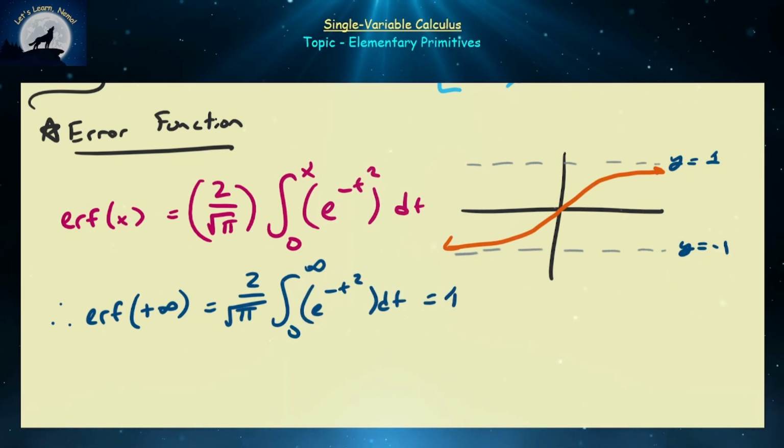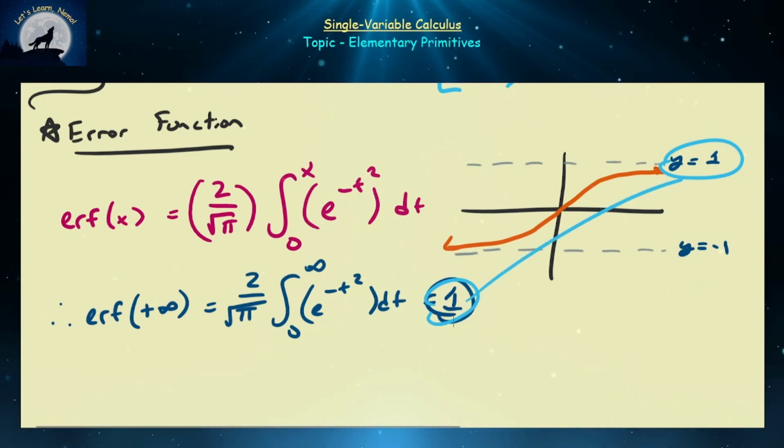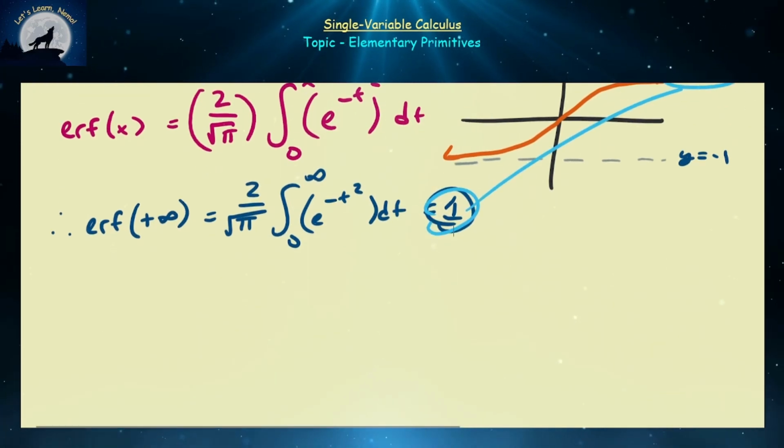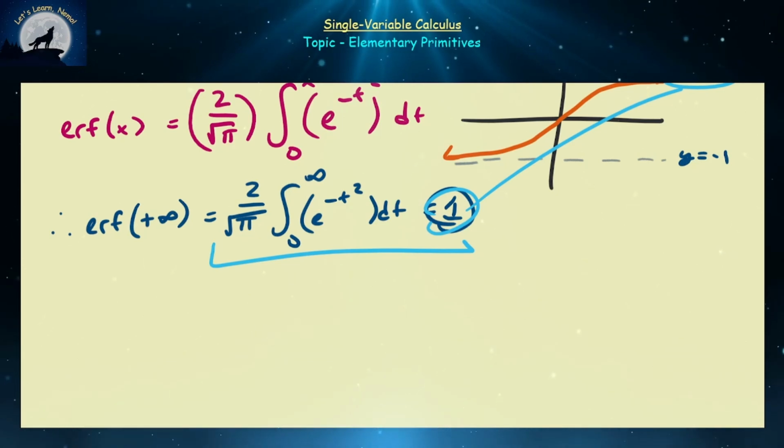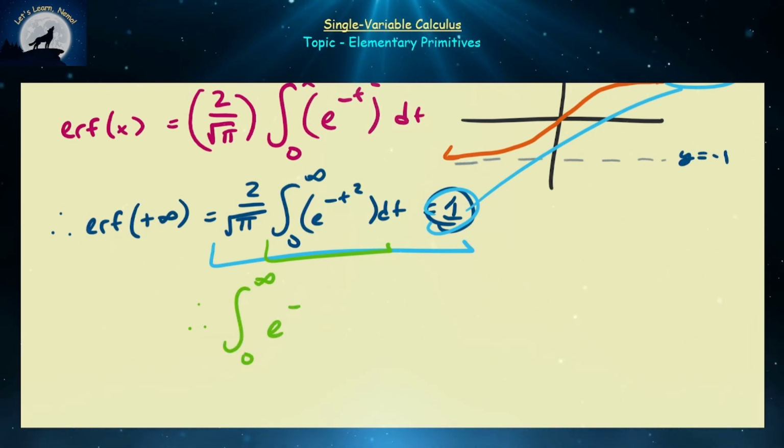From the graphical analysis, that's just equal to 1, because that's what it approaches as x goes to infinity. So what can we get from this statement? Well, we can solve for the integral underneath, aside from the 2 over square root of pi. So we can see immediately that the integral from 0 to infinity of e to the minus x squared, if we just do a change of variables, is equal to the square root of pi over 2.